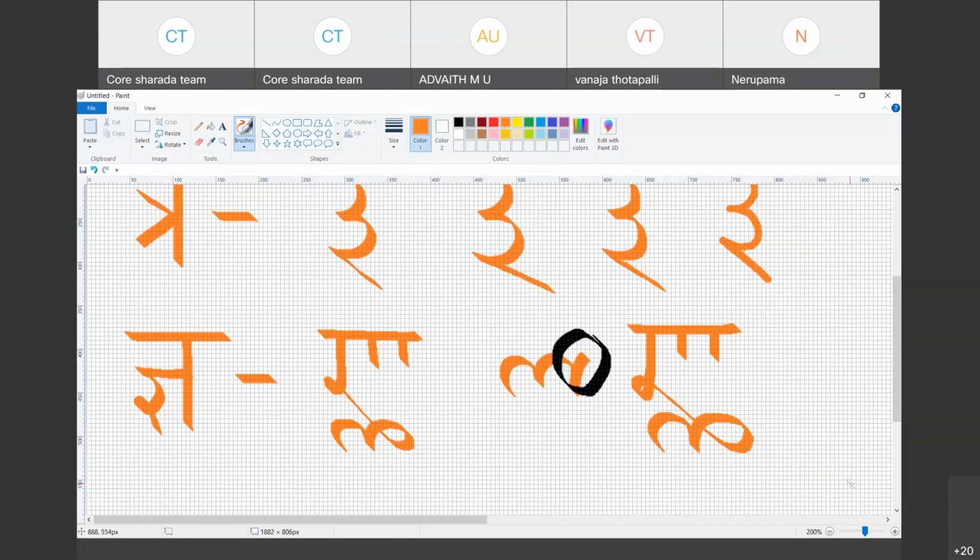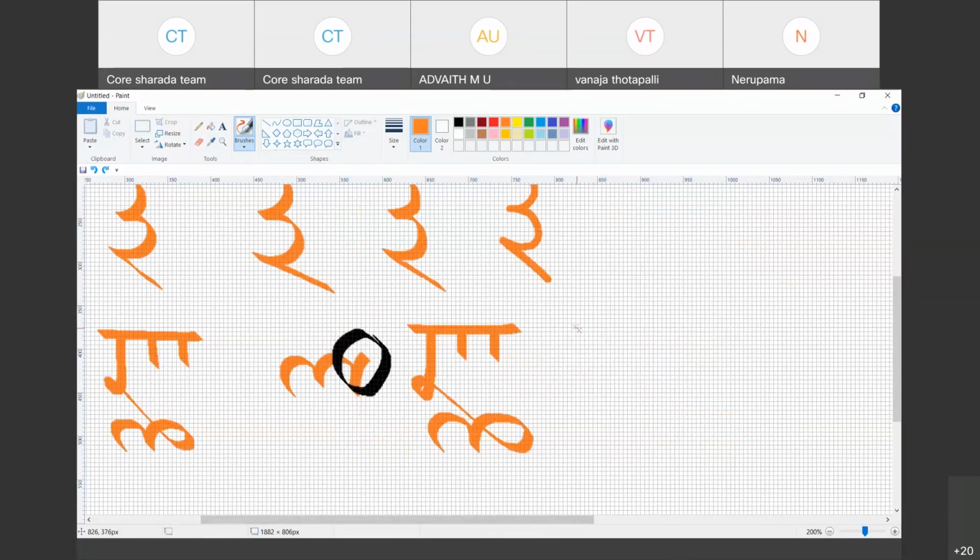Now, try to keep this in a straight line. If you keep this line a little longer, you will get this in a straight line. What I'm saying is, if you keep this line shorter, you might not get the N in a straight line.